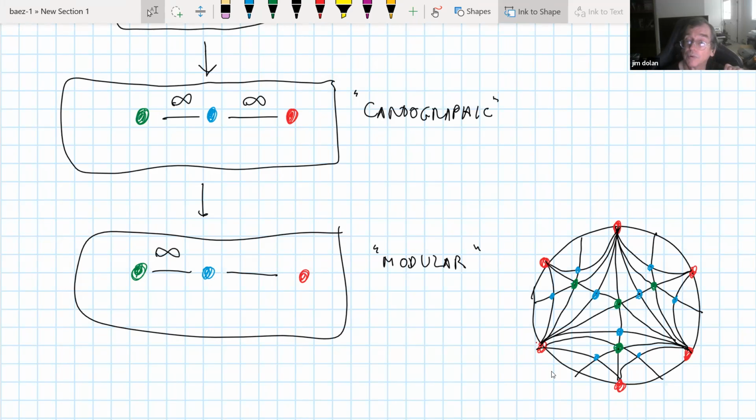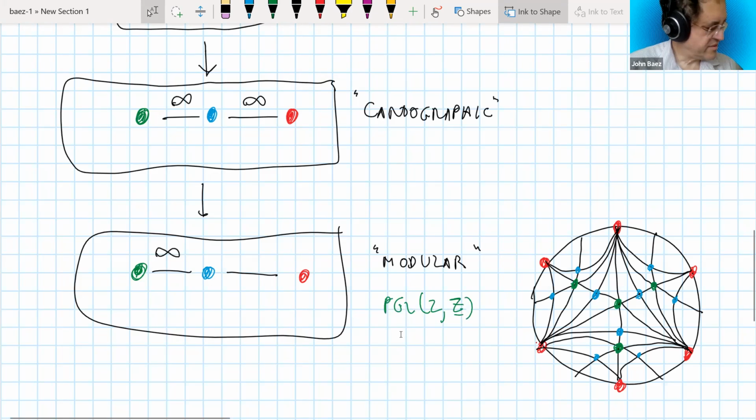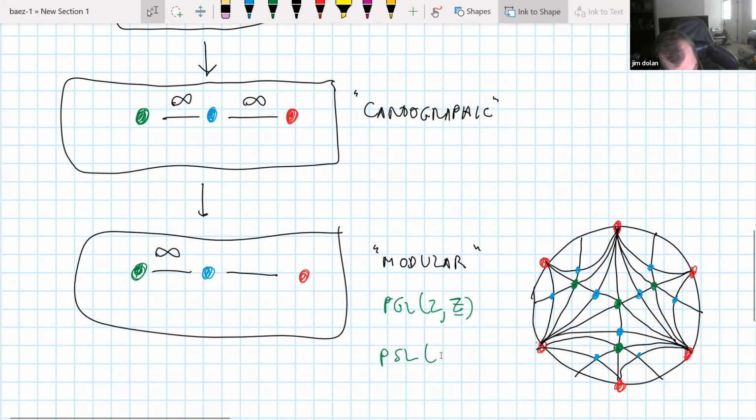No. Oh, okay. So the modular reflection group is PGL 2Z, and the modular rotation group is PSL 2Z.